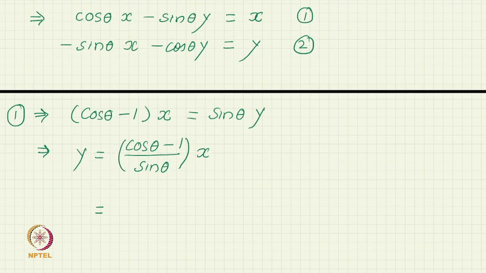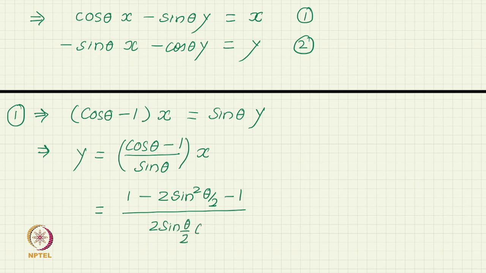Cos theta minus 1 over sin theta is minus tan theta by 2. So cos theta can be written as 1 minus 2 sin square theta by 2, is not it? Minus 1, and sin theta can be written as 2 sin theta by 2 cos theta by 2.